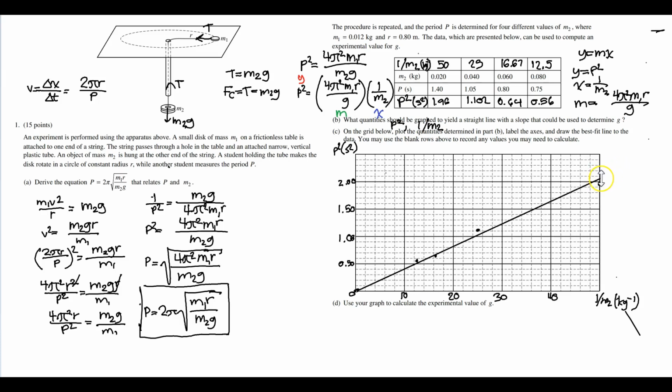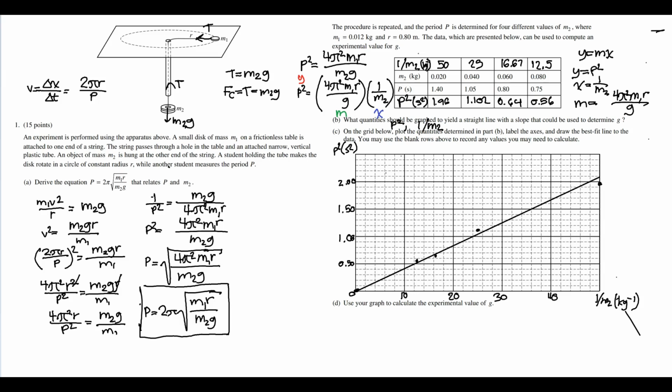Just these two I'm having trouble grasping. Right. So I'll just draw this as a good line. So we've graphed. So part D, use your graph to calculate the experimental value of G.